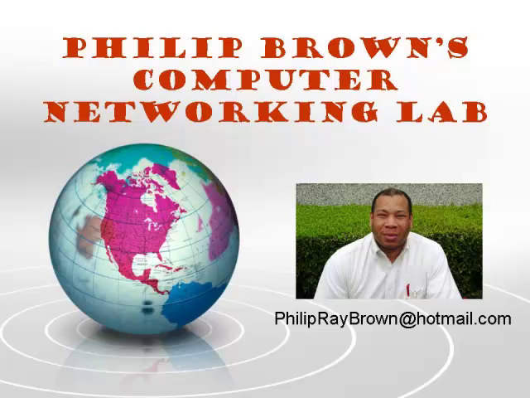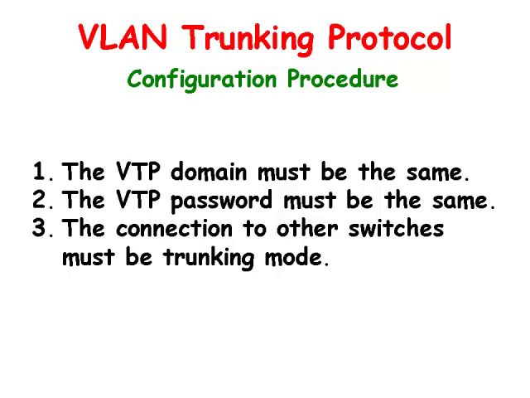You're watching the instructional video called VLAN Trunking Protocol. VLAN Trunking Protocol is a Cisco proprietary protocol that runs over trunk links and synchronizes the VLAN databases of all switches in the VTP domain.